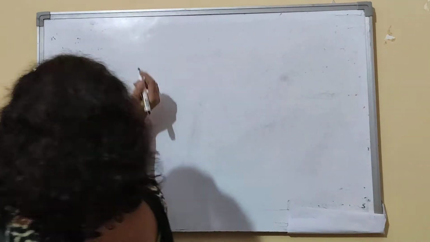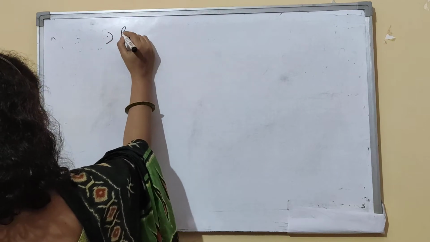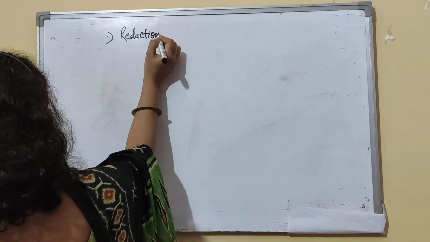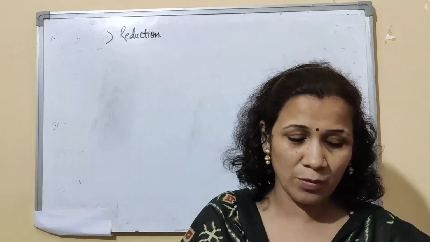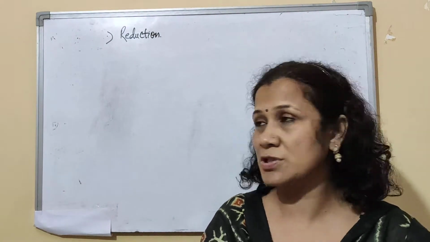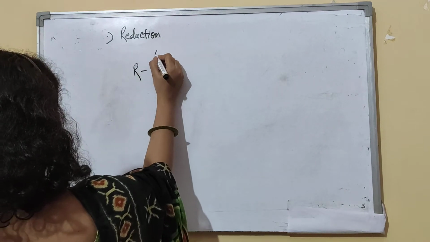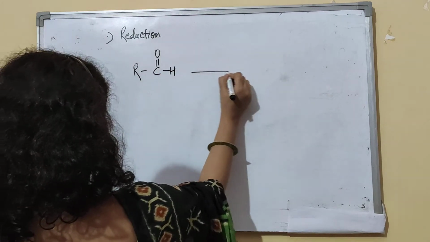So coming to the next method of preparation, that is reduction. Now for reduction, you need to know a few reducing agents. We will take any aldehyde or ketone group and reduce it.